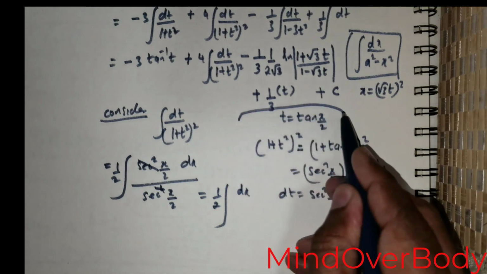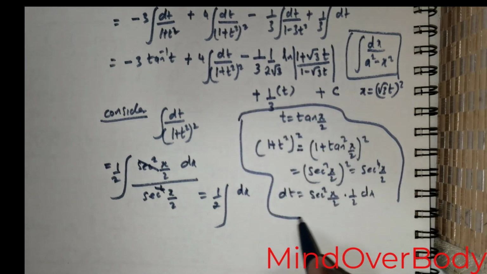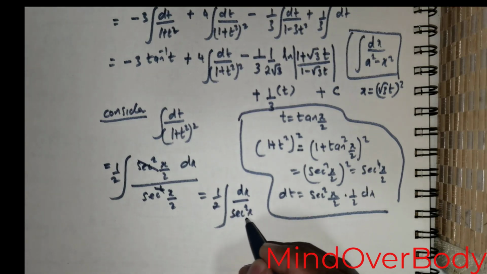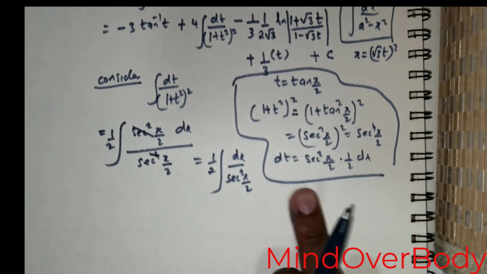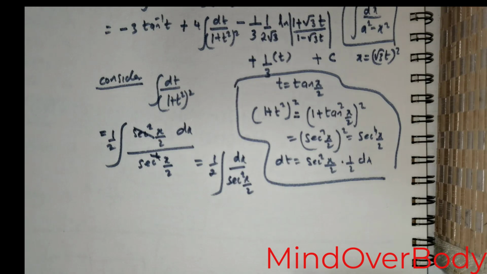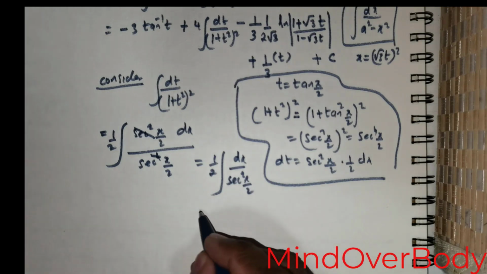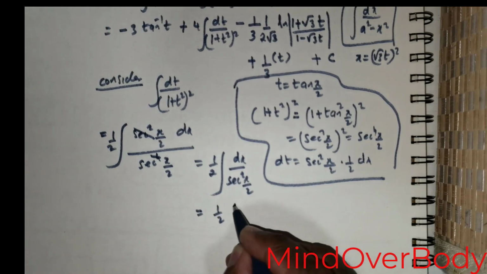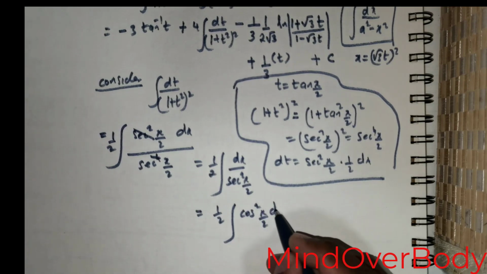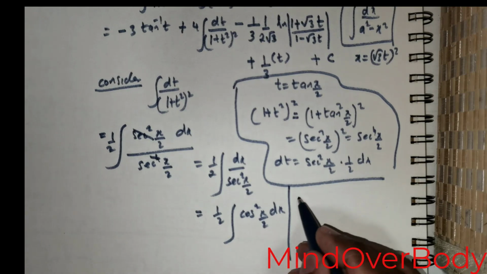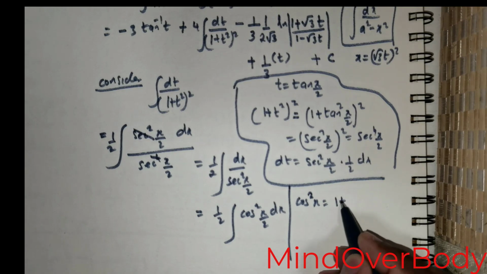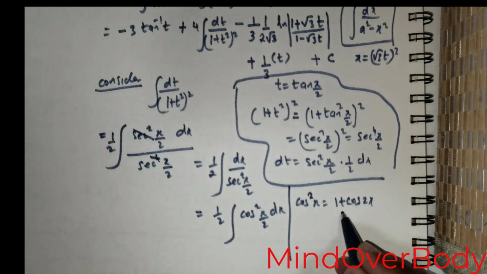Of course all these things are substitution. dx divided by secant squared x over 2. Now secant squared x over 2 is actually 1 over cos squared x over 2, right? So I can rewrite this as 1 over 2 times the integral of cos squared x over 2 times dx. Now there is a trigonometric formula: cos squared x is equal to (1 plus cos 2x) divided by 2.